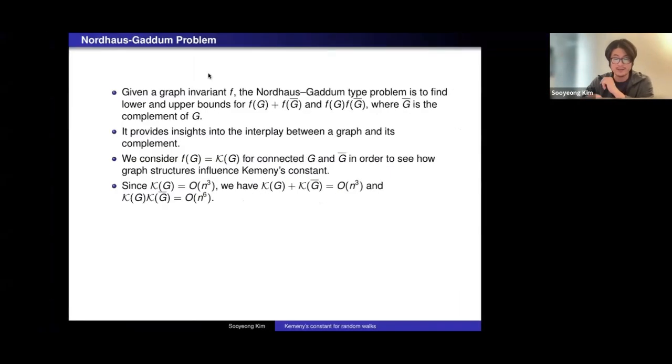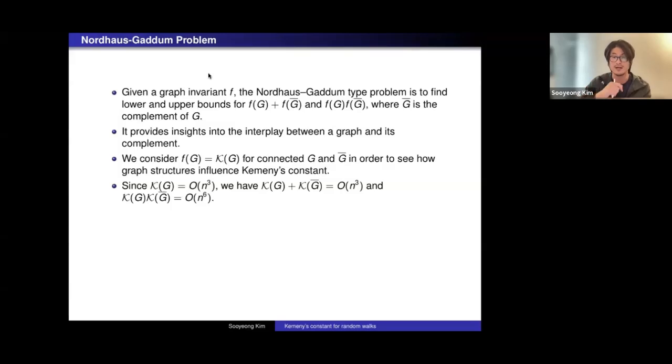So for that, before we dive into some results, let's think about some observations from what we have done. So the maximum order of Kemeny's constant is n cubed, right? So for the sum of two Kemeny's constants, of course here I assume that G bar and G both are connected because Kemeny's constant is defined for connected graphs.